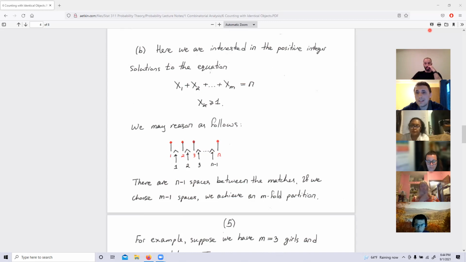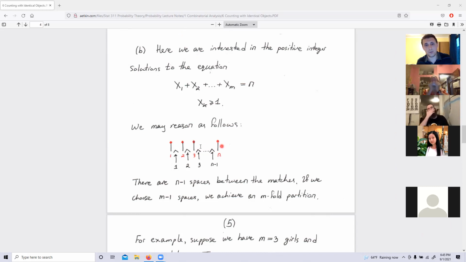So now I satisfy the requirement that each has at least 1, and then I distribute the remainder with the possibility of giving 0 from the remainder to somebody. Do you agree? Because I already satisfied the requirement that each has to have 1 match, and I don't need to solve it from scratch if I don't want to. And if I forget something, I can always do this. I can come up with lots of ways to solve a problem. So this is an example.